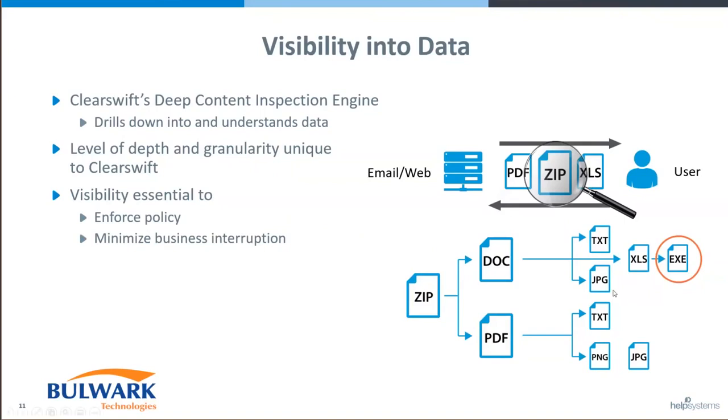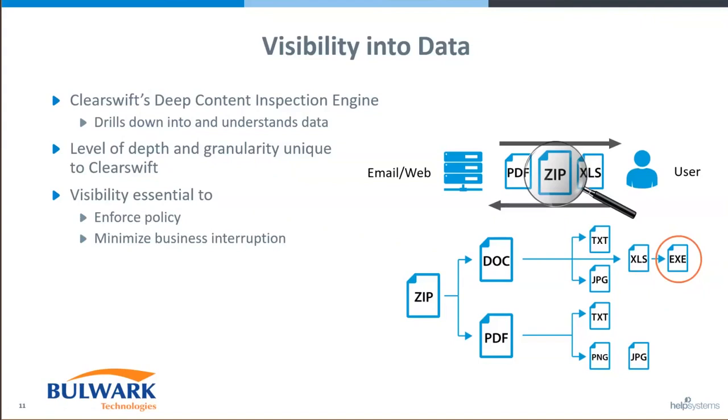If there's any images embedded in there, like a screenshot of a customer record or a scan of a legal contract or something like that, we can extract those out. And again, we can use optical character recognition to extract the text out of there and run that against our lexical analysis engines. So you get that consistency of detection, regardless of whether the data is in an editable text format or whether it's within an image or a scanned document as well.